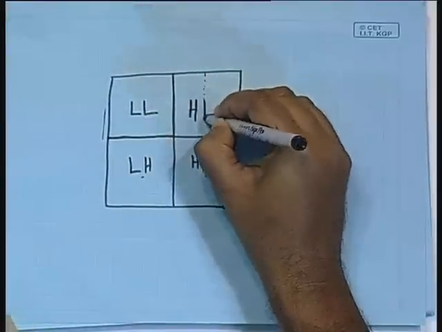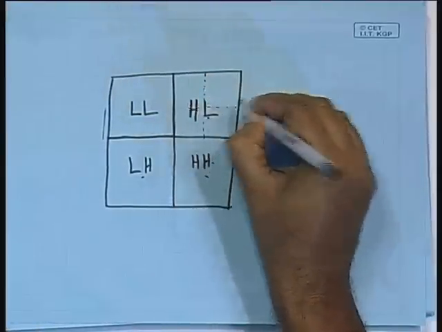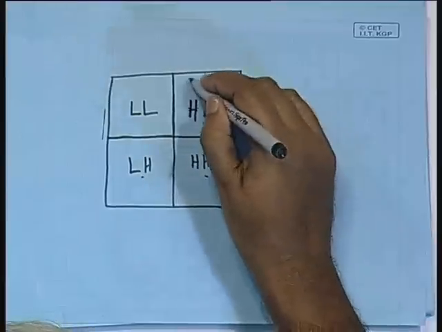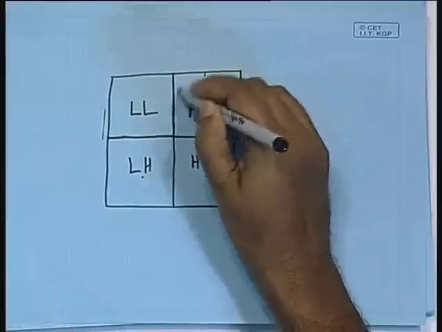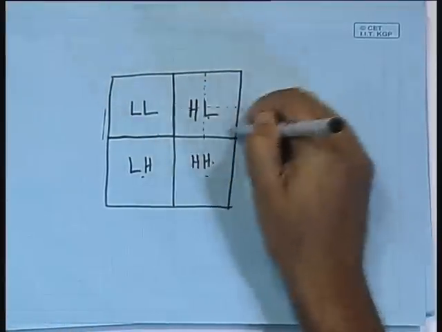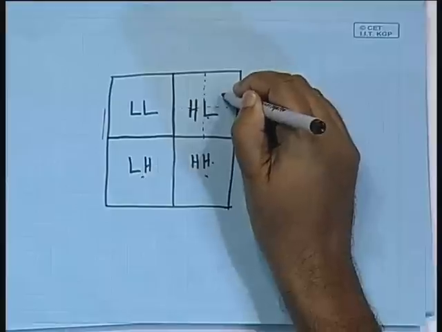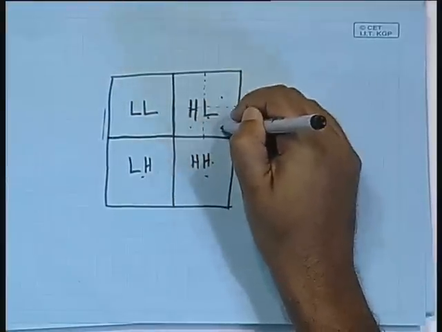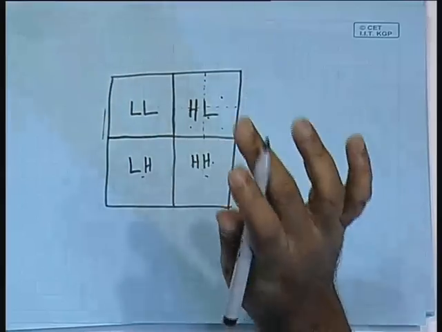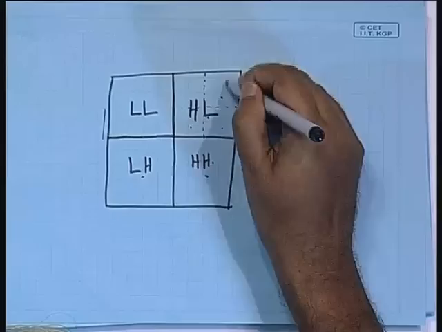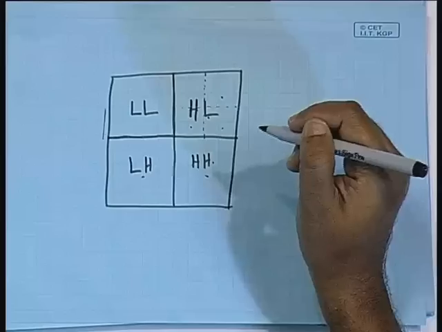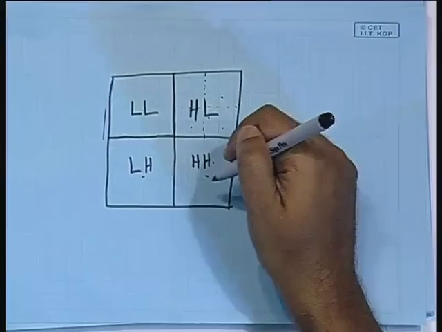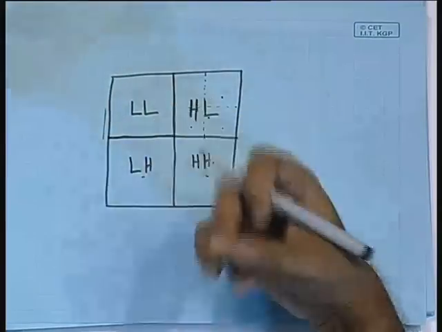So, we will be partitioning this HL subband into 4. Here there will be the LL subband within this HL, this will be the HL within this HL, this will be the LH within this HL, this will be HH within this HL. Okay. And then any of these subpartitions also can be analyzed. Likewise, LH can be analyzed, HH can be analyzed, LL also can be analyzed.